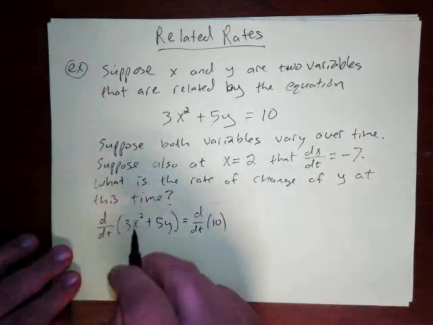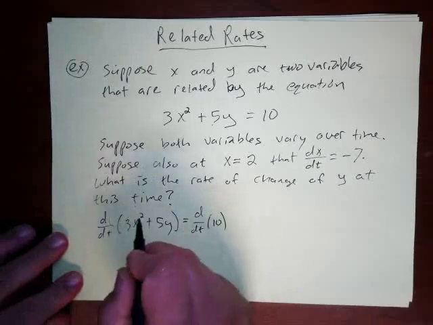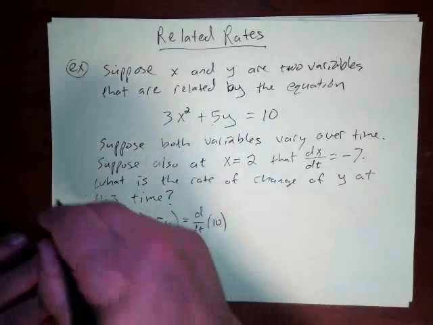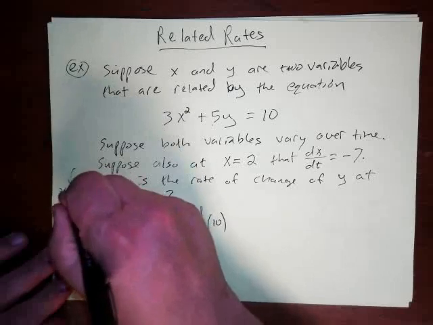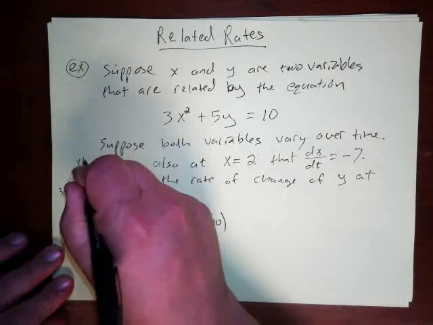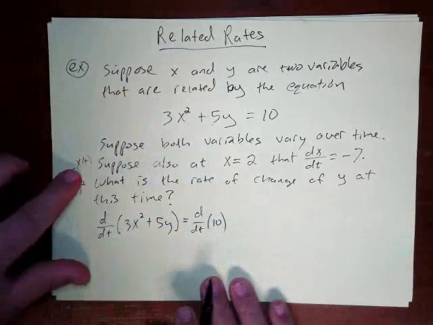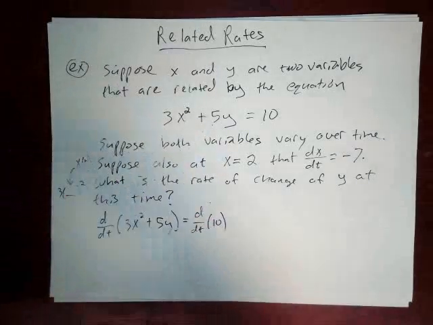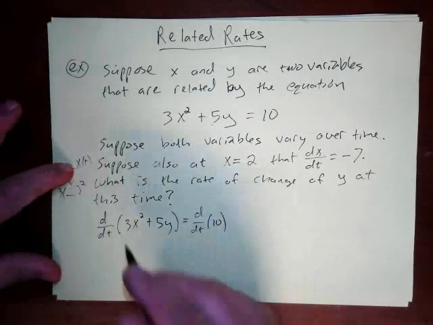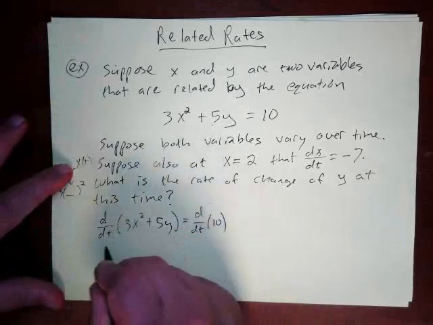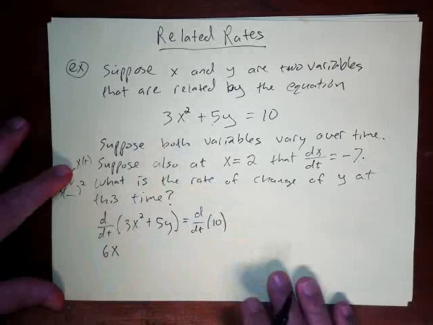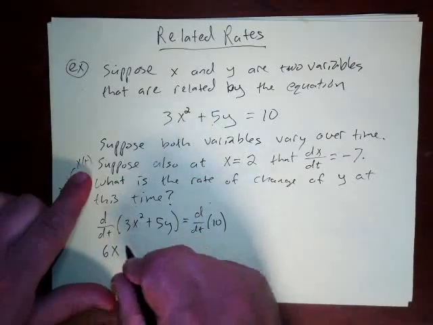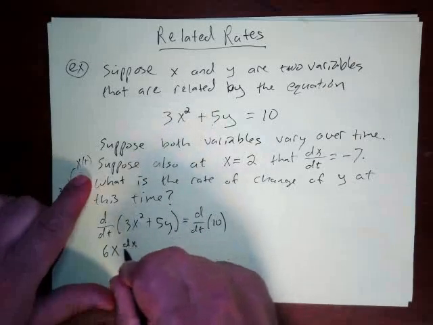For this one, using implicit differentiation, what I have here is 3 something squared, and then inside I have an x variable that's like a function of t implicitly. I don't know what that function is, but I'm going to take the derivative of the outside, which would be 6, evaluated at the inside, x, and then multiply it by the derivative of the inside, which is dx dt.